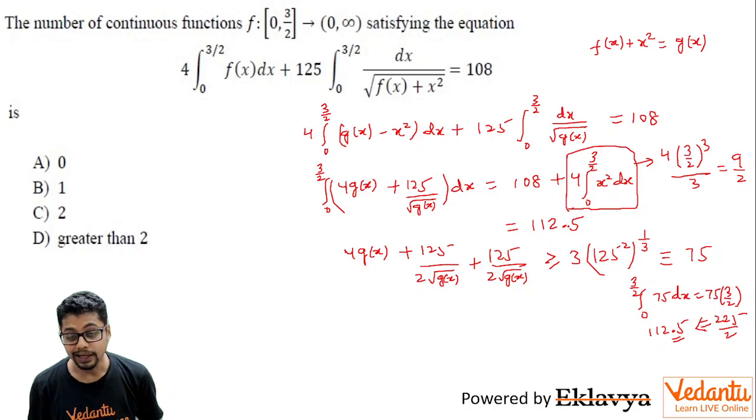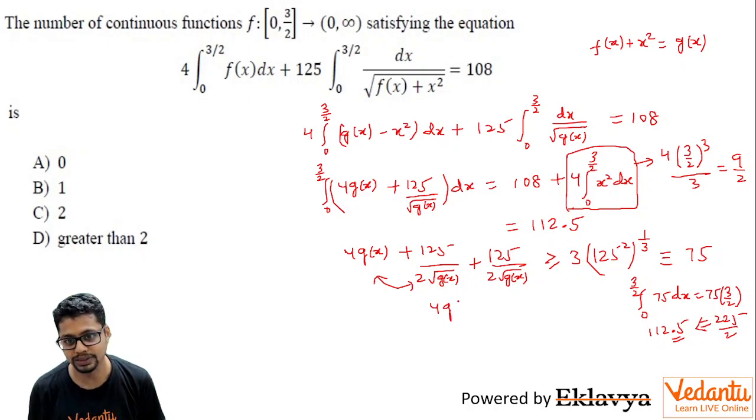Else the left-hand side would be more than 112.5. So for equality to hold, the left-hand side should take this minimum possible value, which will happen when all 3 terms are equal; these 2 will anyway be equal.